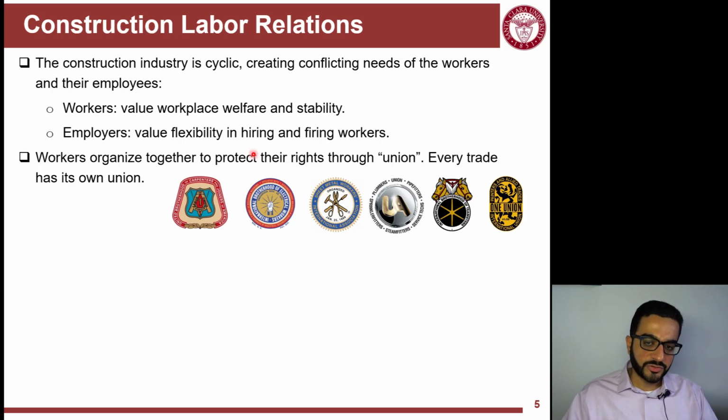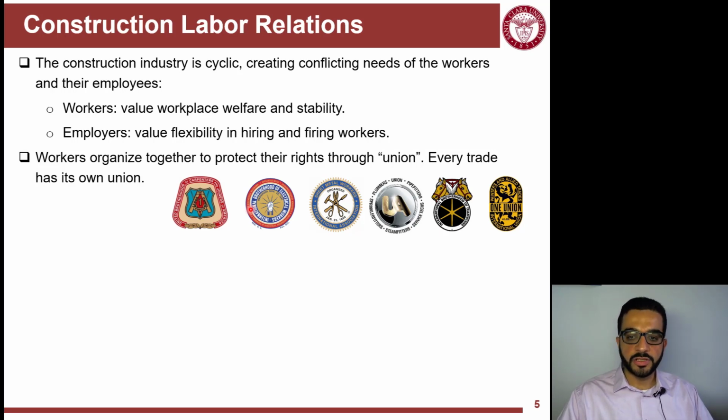So the electricians union is called the International Brotherhood of Electrical Workers. You can see here there are a couple that also have brotherhoods. Yeah, the International Brotherhood of Teamsters. Teamsters are those working as heavy equipment operators.